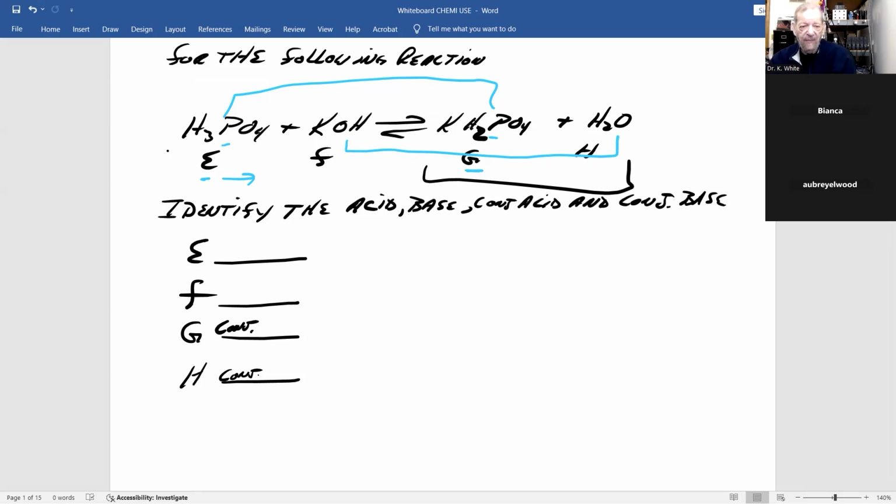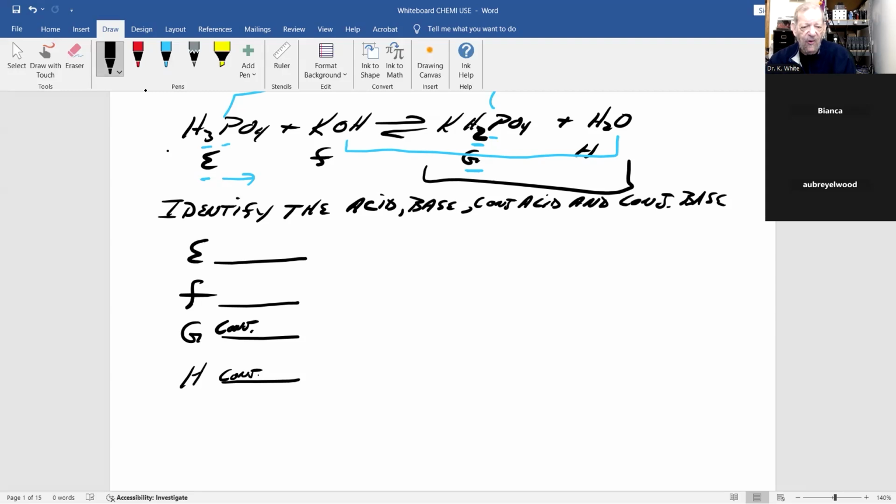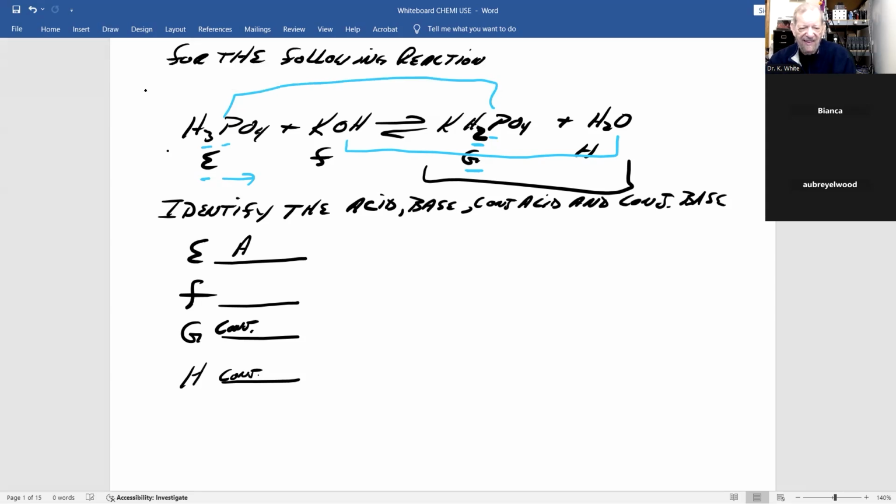It goes from 3 to 2. Something that loses or gives up a proton, donates a proton, is an acid. So E is an acid.